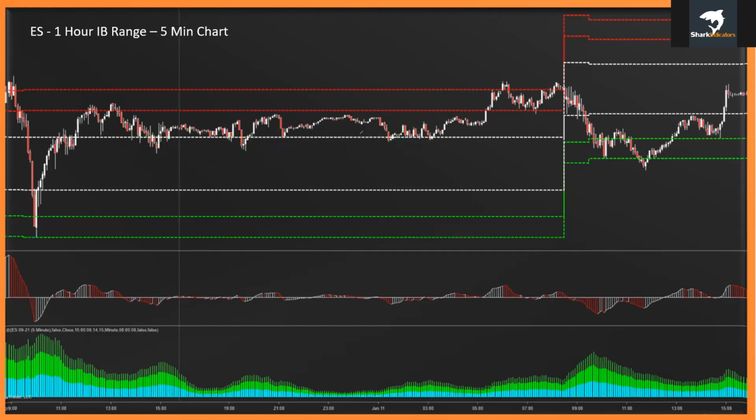And I do, fortunately, using the slope of the expansion. I want to go with expansion whenever possible. That doesn't necessarily mean direction. When range is expanding, it could also mean that I'm going down.